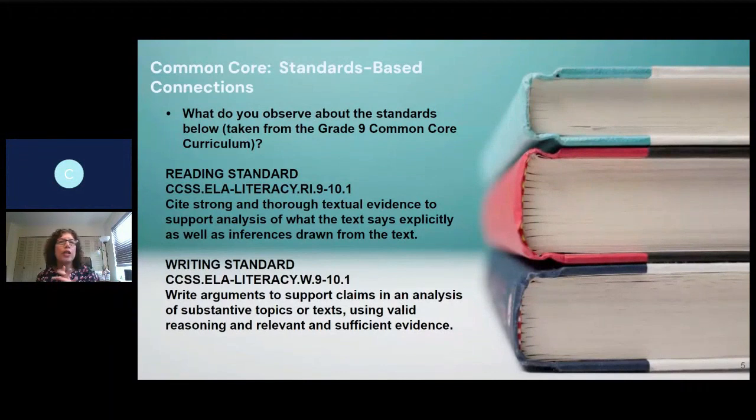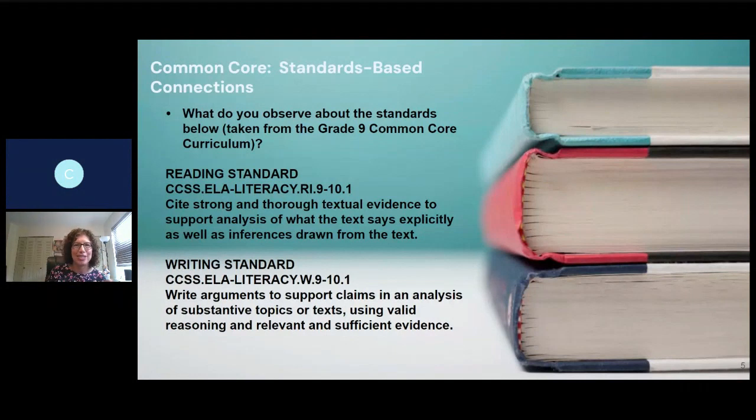So I want you to take a look for a moment, and maybe we can put a few answers in the chat here. What do you observe about the standards below? These are taken from the grade 9 Common Core curriculum. Notice there's a reading standard here and a writing standard here. The reading standard: cite strong and thorough textual evidence to support analysis of what the text says explicitly, as well as inferences drawn from the text.